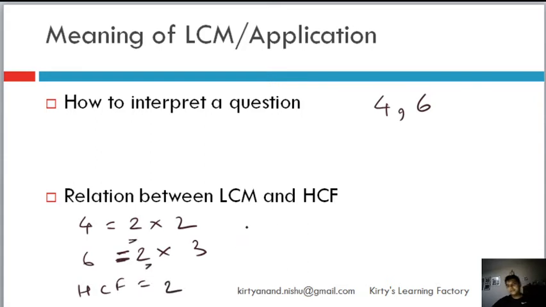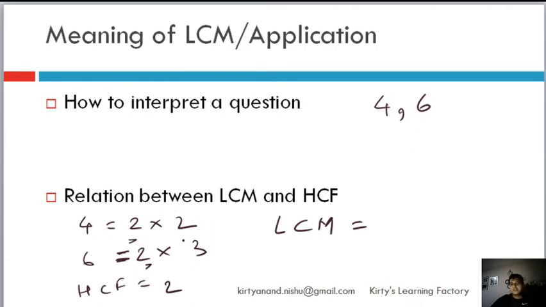Now using the same prime factorization, we also find out the LCM. How do we find the LCM using the prime factor method? Whatever are the distinct or uncommon prime factors, we first multiply them.